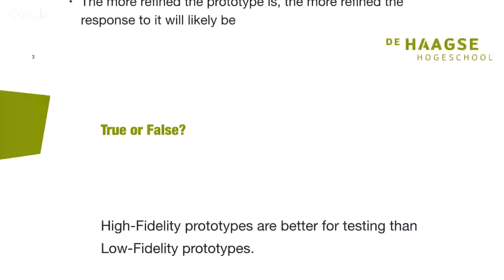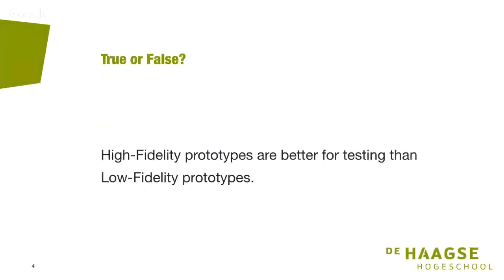Which leads us to a very obvious question. So, high fidelity prototypes, a prototype that looks more or less like the final product, are better for testing than low fidelity prototypes. Now, is that true or false? Who thinks it's true? A high fidelity prototype that looks like the final product is better for testing than a low fidelity prototype. Yes?